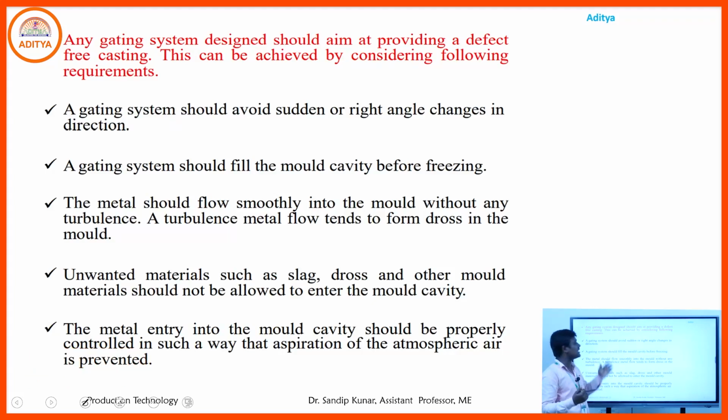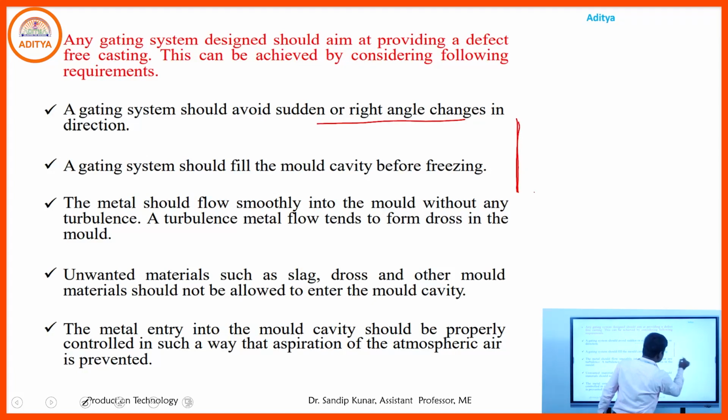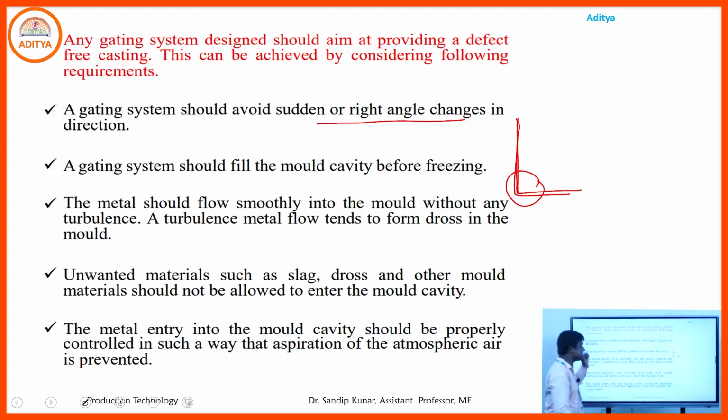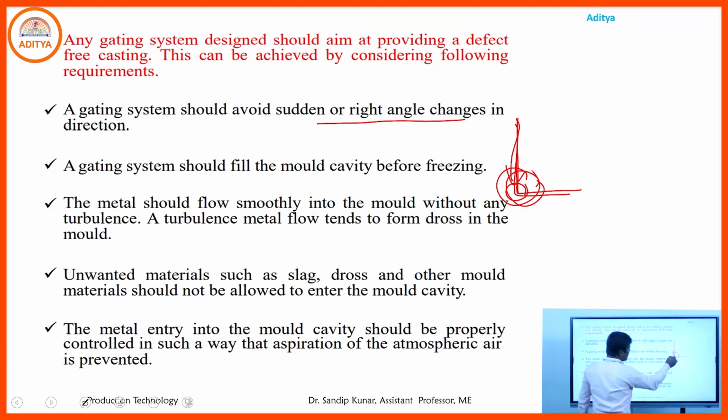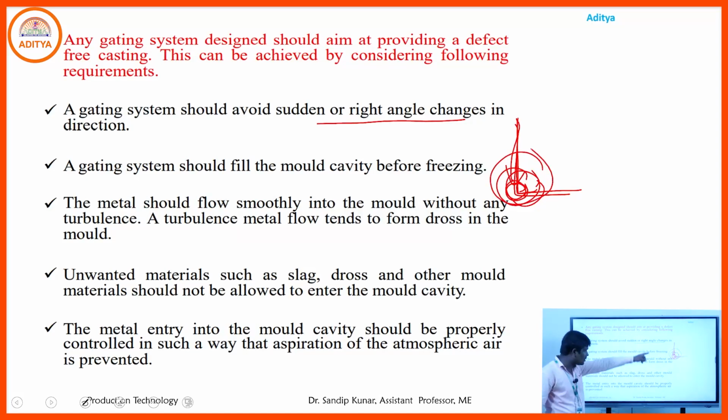So what are the requirements of the gating system to get a defect free casting? First, the gating system should avoid right angle changes in direction, meaning sharp corners, such as rectangular shapes. Otherwise, when molten metal flows through the system, it will hit that corner and affect that portion, and it will create turbulence inside the gating system due to right angles or sudden changes in direction.